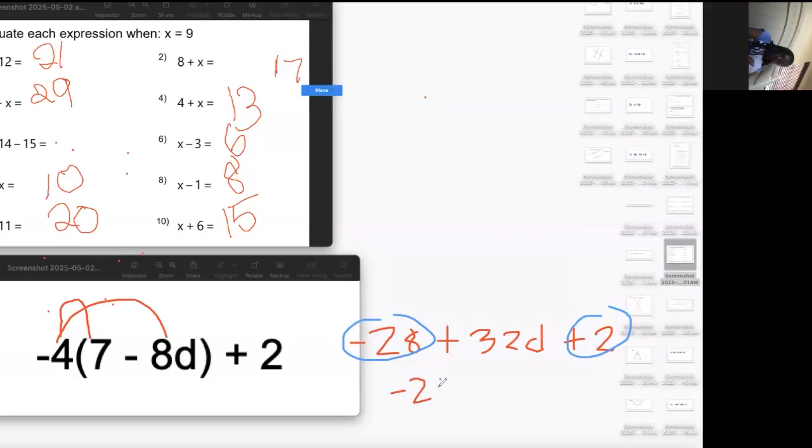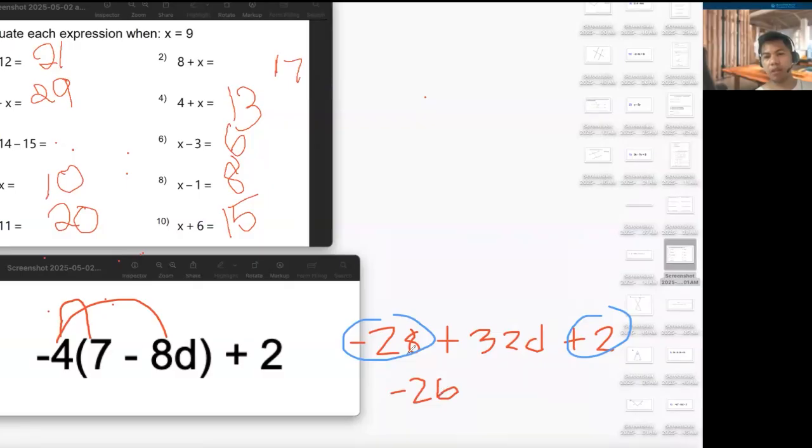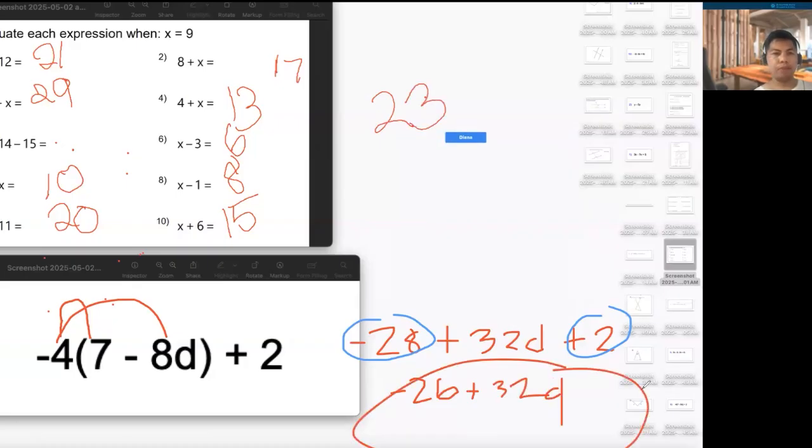Negative 26. We have to take away the negative from this one because it will be canceled out by the positive 2. So we'll have this. So this is the answer. Perfect, Diana. Okay, let's move on.